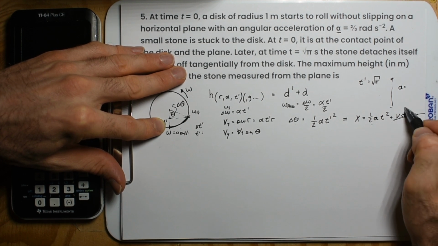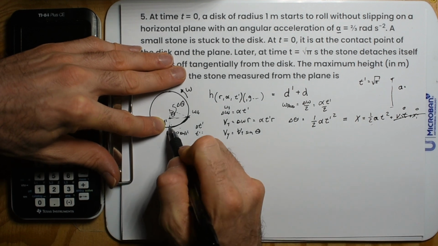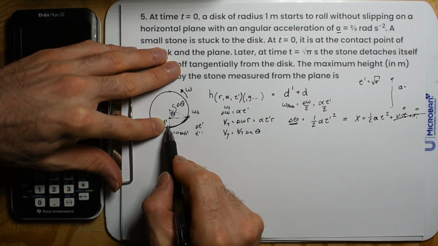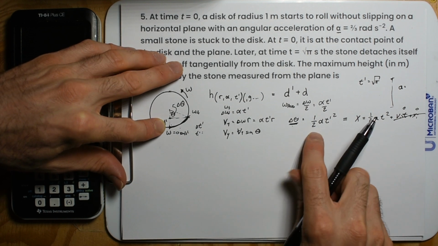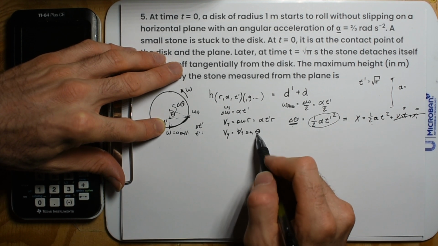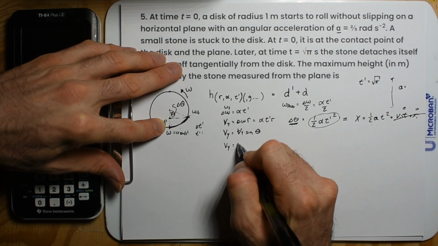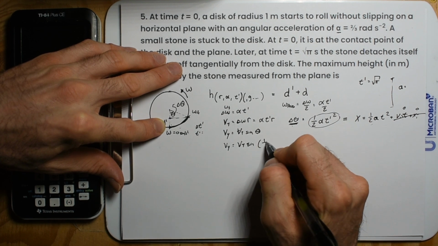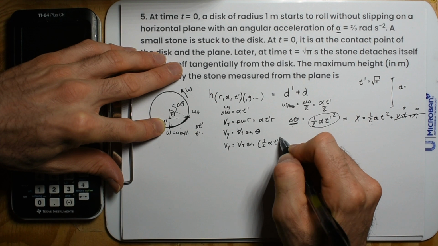But we don't have any initial velocity and our initial position is 0. So this is understandably a function of that angle. That goes right into here, so now our Vy is the tangential velocity times sine of 1/2 alpha t prime squared.